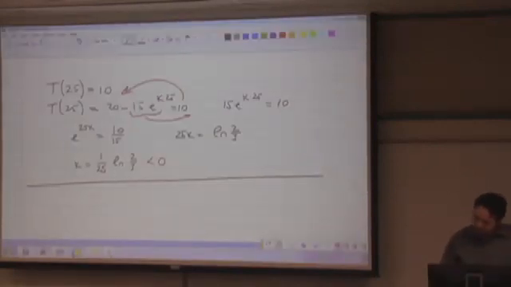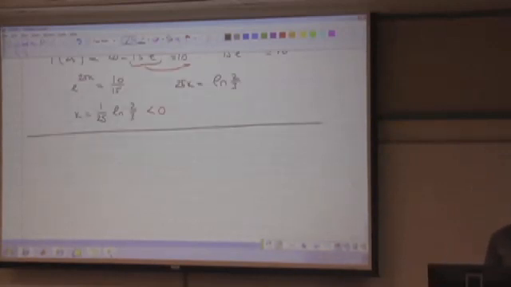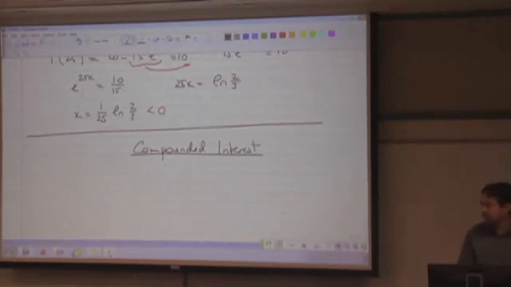The last topic of the section is compounded interest. I've briefly mentioned that when we looked at the definition of e, right?